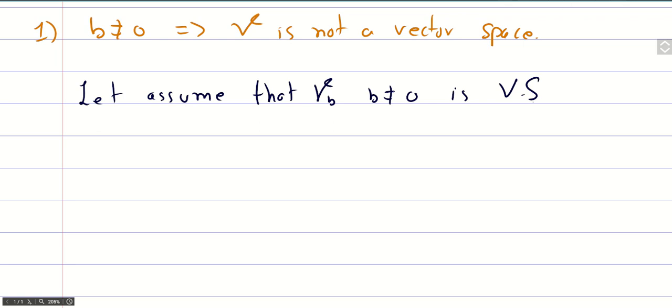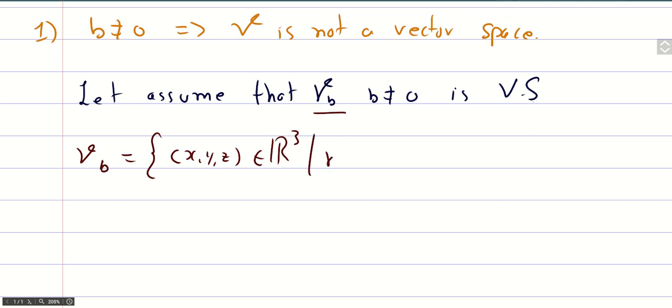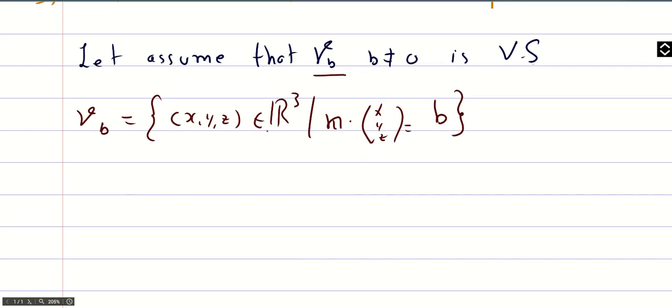We're going to prove it by contradiction. So V of b is a vector space with b different from 0. That means the set of x, y, z in R3 such that n times (x, y, z) is equal to b. This is the definition of this space V.